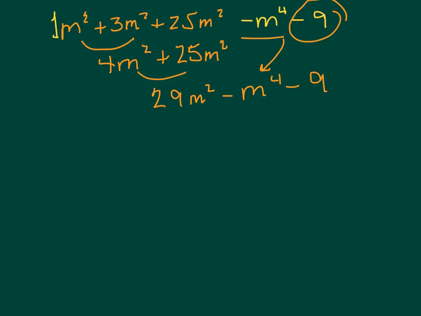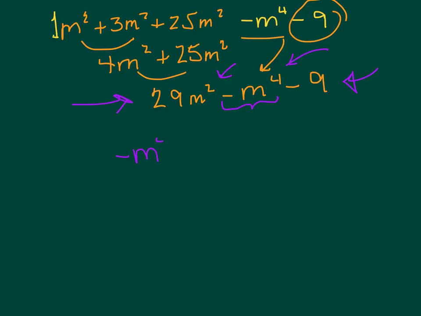Now, for all intents and purposes, this is a correct answer. However, we're supposed to always keep those exponents in order from the greatest to the least. So what that means is that to truly have it in the correct format, even though, again, this is correct, we need to start with m to the fourth. Do not forget the negative in front of it.